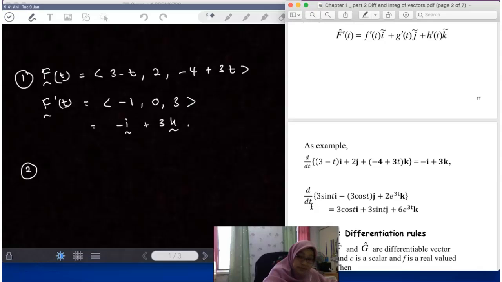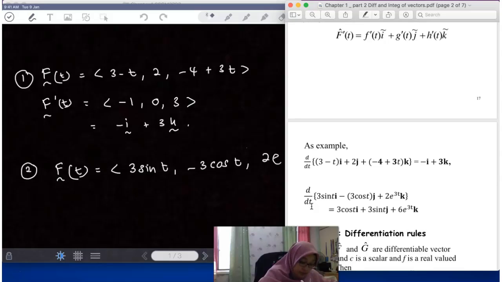Now the second example. If your vector function in component form has 3 sine t, and component y has minus 3 cos t, and then 2e to the power of 3t, that is component k, z. When you apply the derivative with respect to t, 3 sine t differentiates to 3 cosine t.